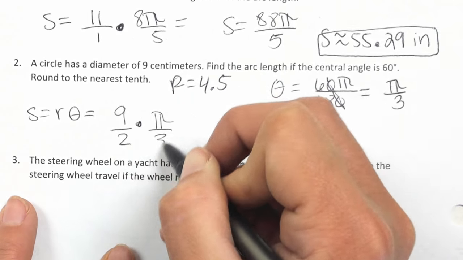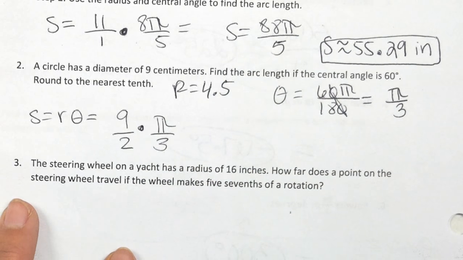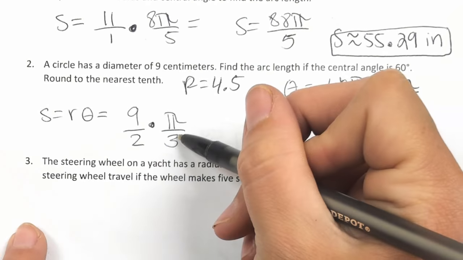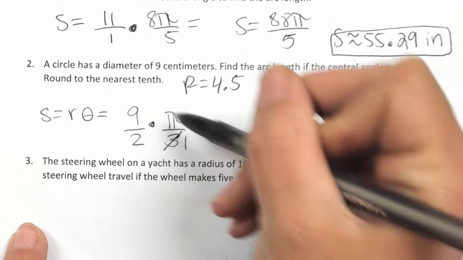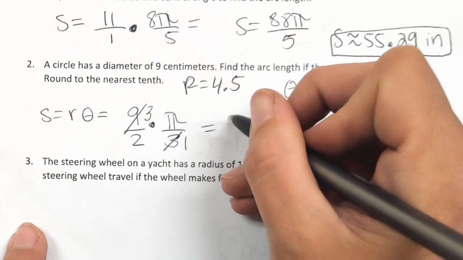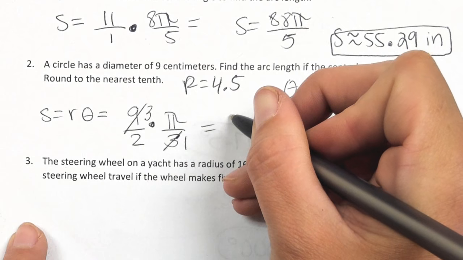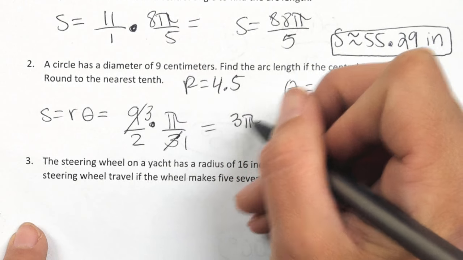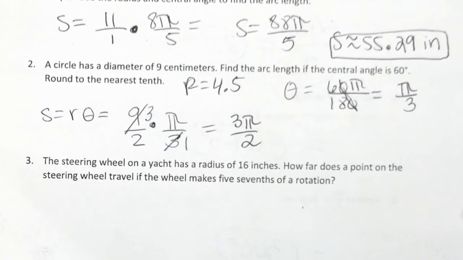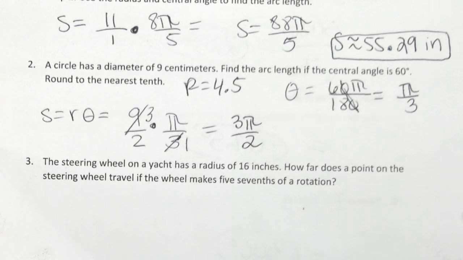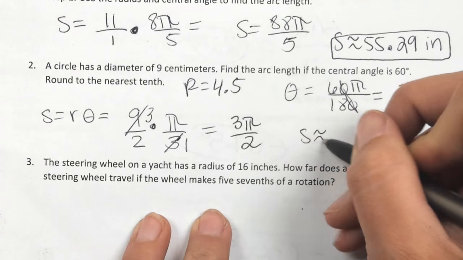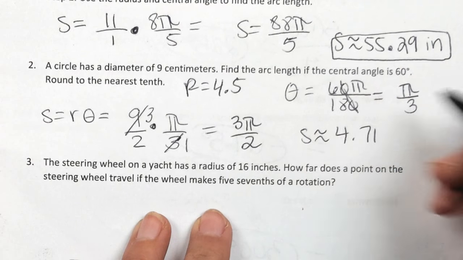Pi over 3. We can cross simplify by doing what? Making this a 3 and this a 1. And so we would have 3 pi over 2. And now go ahead and find out what that would be. S equals, good, 4.71.